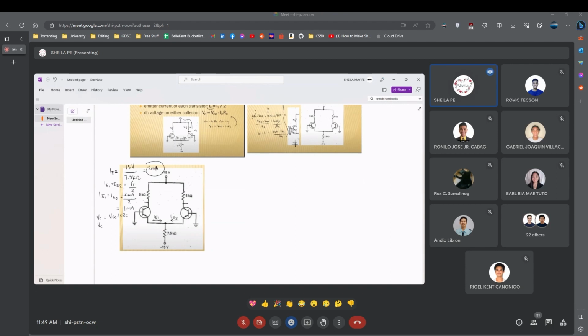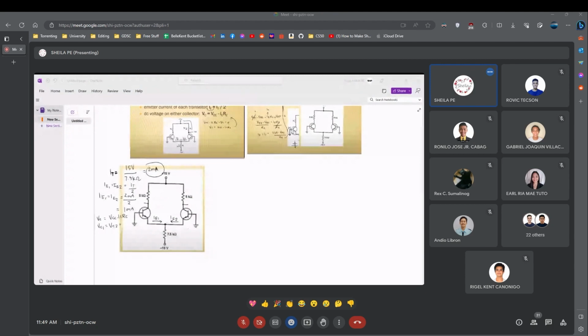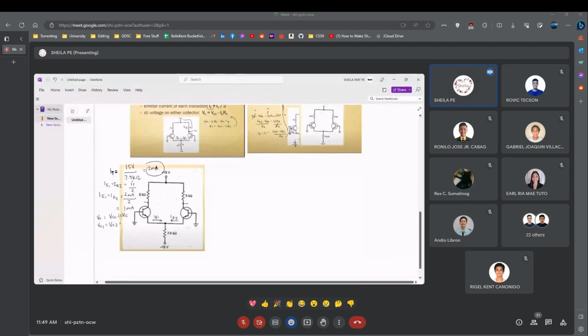So VC1 is equal to VC2, again we assume it is perfect, well designed. So it's just VCC minus IC RC. VCC is 15.